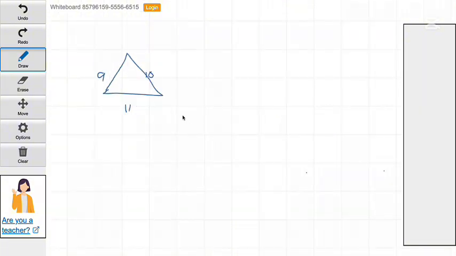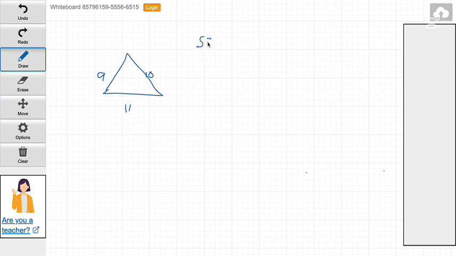Okay, so with a triangle like this, where we have no given angle, we need to find what S is equal to. And the formula for this is A plus B plus C, and then we want to divide that by 2. So that would just be 9 plus 10, which is equal to 19.